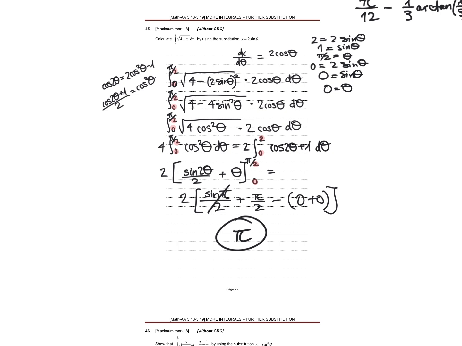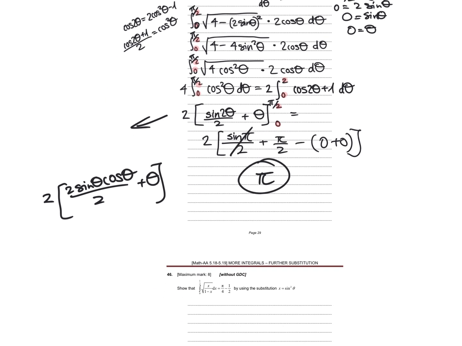So we're just going to have this is equal to pi. Now here, we could have gone back to x, but then that's got arc sine, and this would become 2 sine theta cosine theta, 2 sine cosine over 2 plus theta. And this, well, we'll deal with the limits in a second.